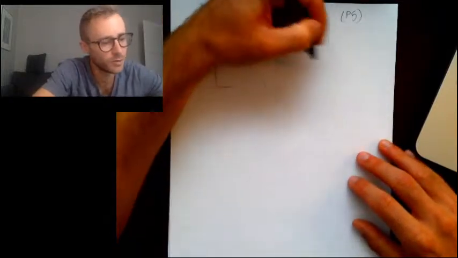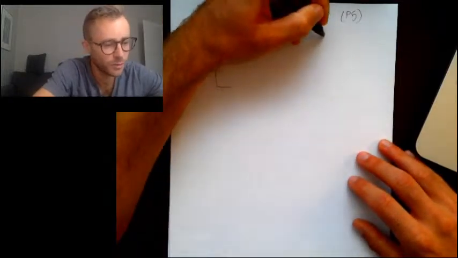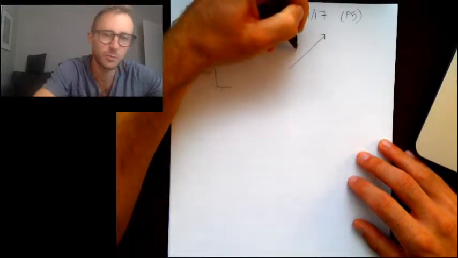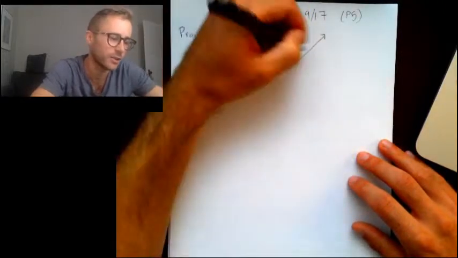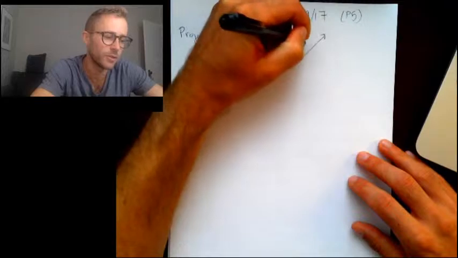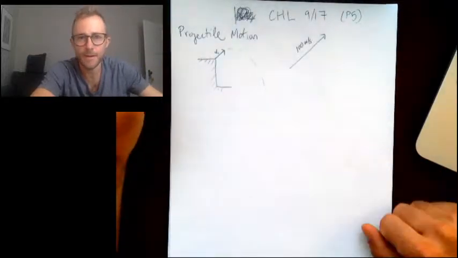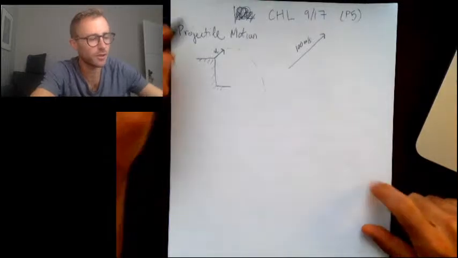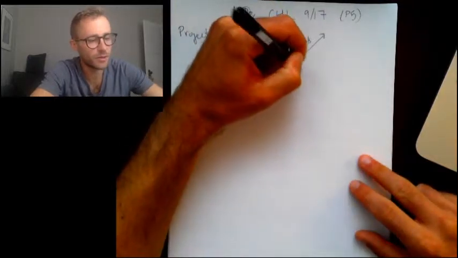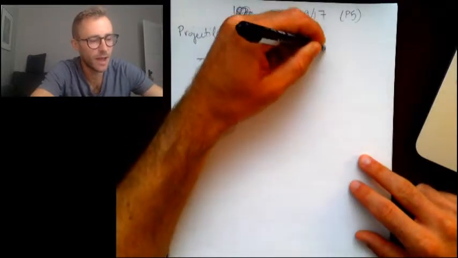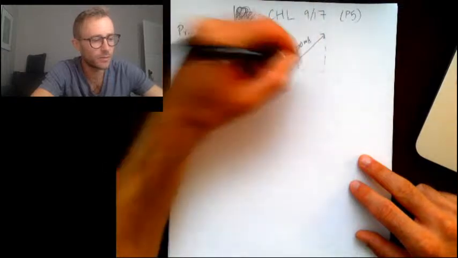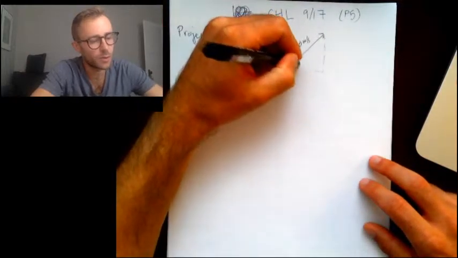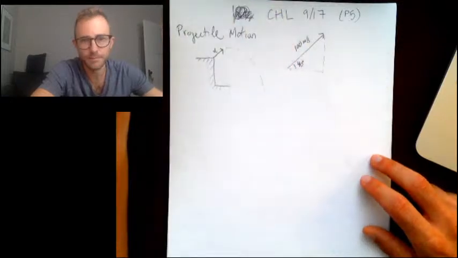Let me just review really quickly. What if you have an initial velocity vector where the initial speed is, let's say, 100 meters per second, and that velocity vector makes an angle of, let's say, 40 degrees with the horizontal.